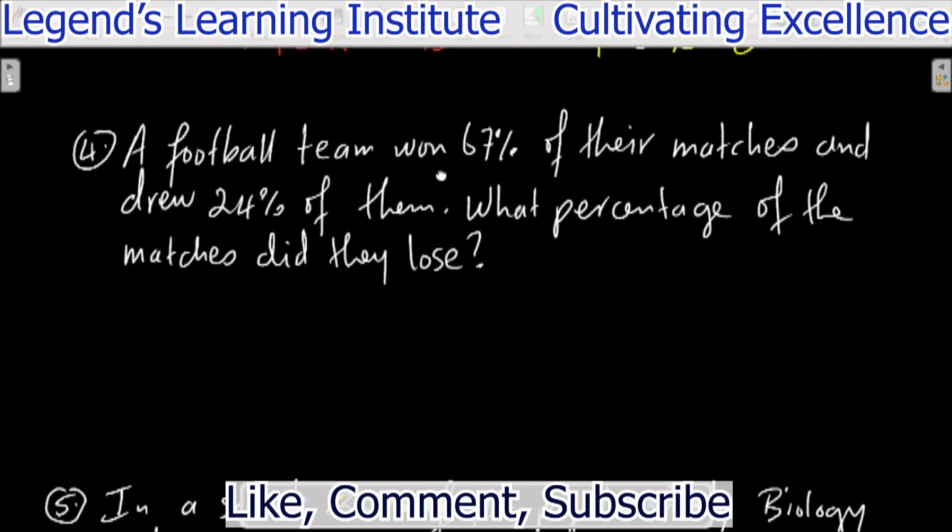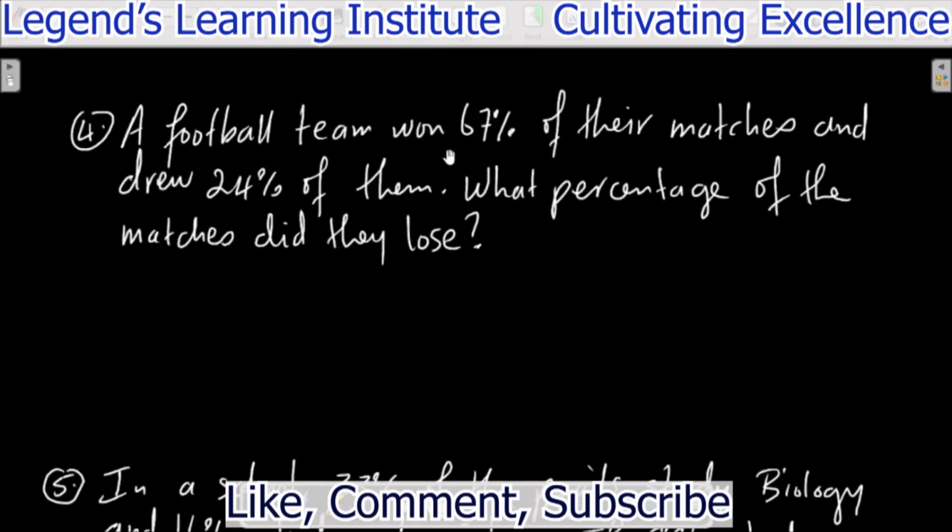Number 4. A football team won 67% of their matches and drew 24% of them. What percentage of the matches did they lose? All the matches together add up to 100%, so that's 100% subtract the sum of the matches they won and the matches they drew.